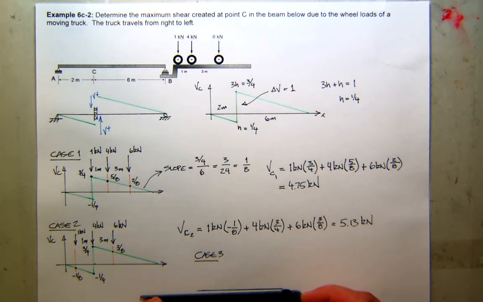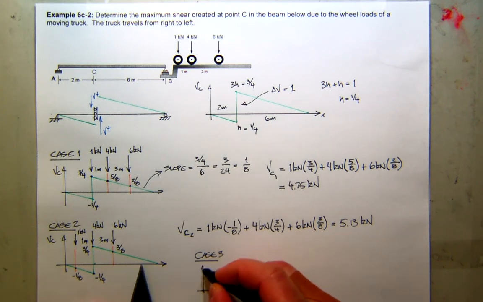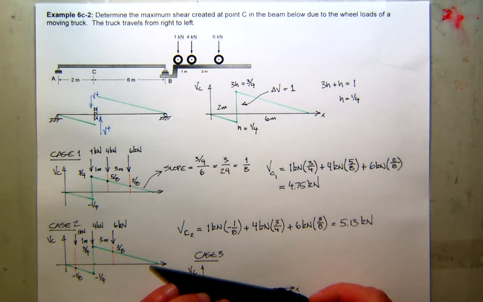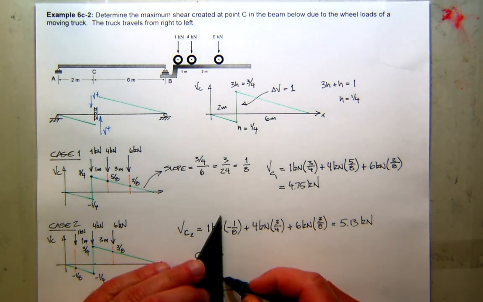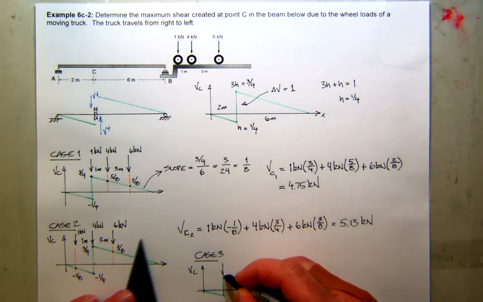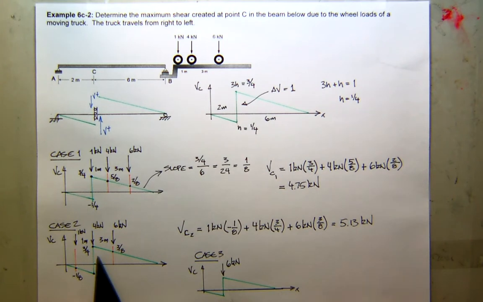So again, the influence line hasn't changed. And all we have in this case is the final 6 kilonewton force. And we know that value. That's 3/4.